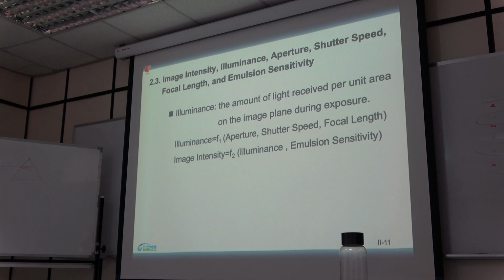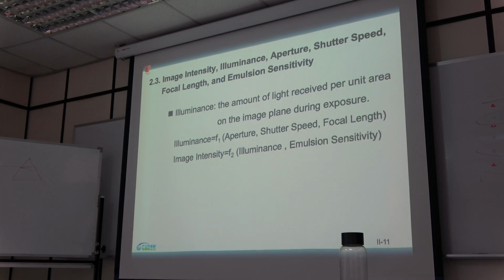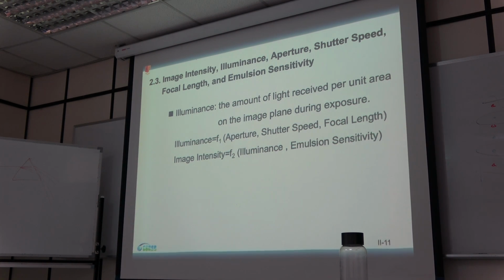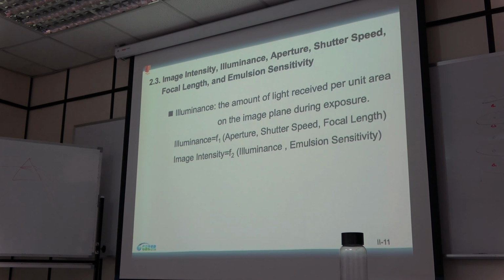And in this chapter, the main thing is talking about image density, intensity, those things. Here it has multiple terms, and you can take a look by yourself, including, for example, illuminance, which is affected by aperture, shutter speed, and also focal length.